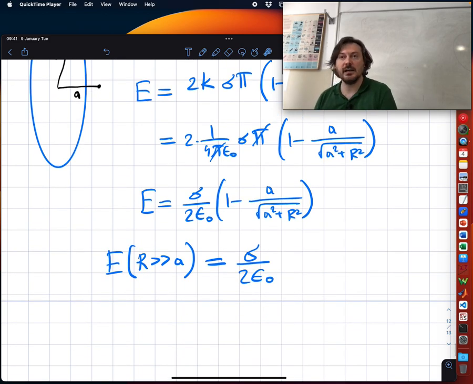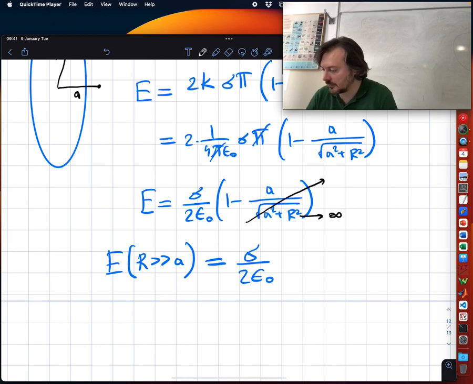Then I could take R to infinity and this one goes to 0. Or A can be small, in which case it's again 0. A going to 0 also makes it 0. Very good point.